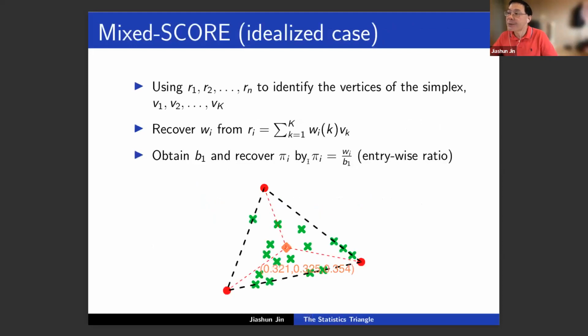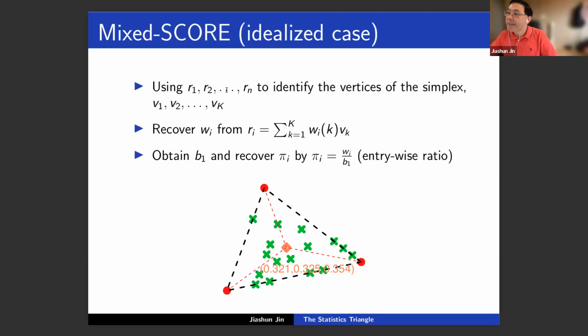Let me repeat this. In the population version, you can easily find this pi_i as follows. First, you obtain the matrix R, which has n rows, n being the number of authors, and k minus 1 columns, k being the number of communities. You plot all these n points in k minus 1 dimensions, for example, 1,000 points in the plane.